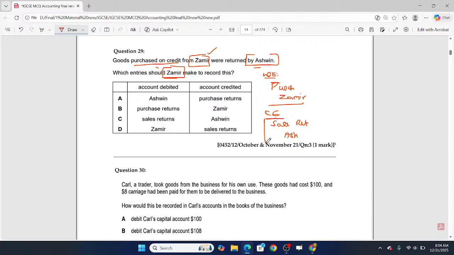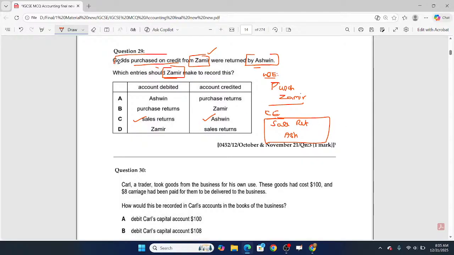This is the correct entry that should be made, right? So, sales return should be on the debit side and Ashwin should be credited. That will be the correct one.